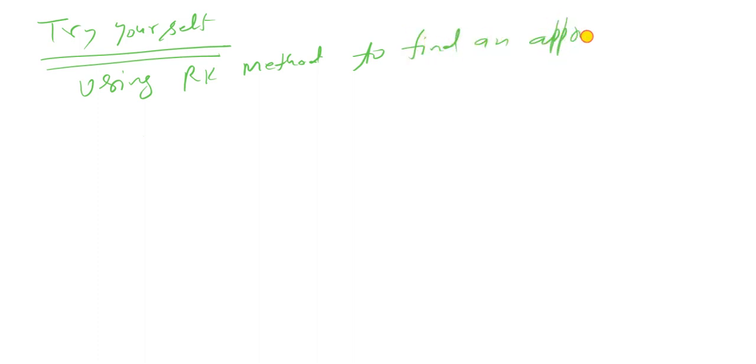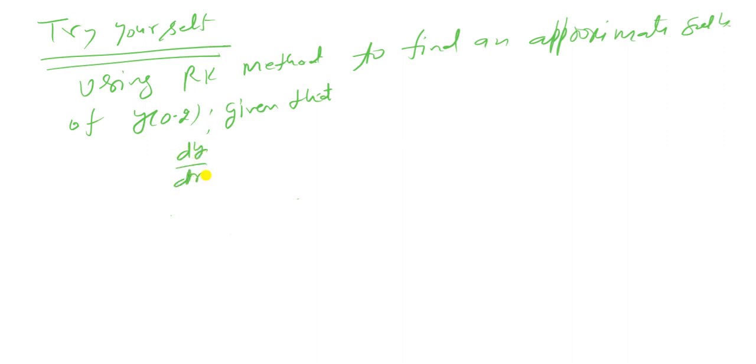Problem is: using the RK method to find an approximate solution of y(0.2), given the initial value problem dy/dx = x + y with the condition y(0) = 1, correct to 3 decimal places.